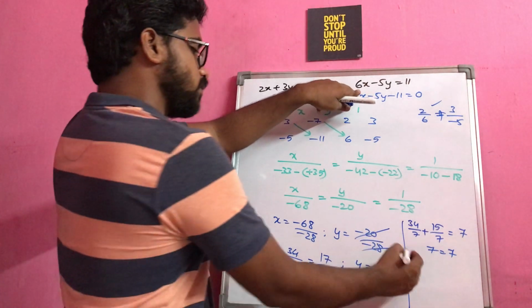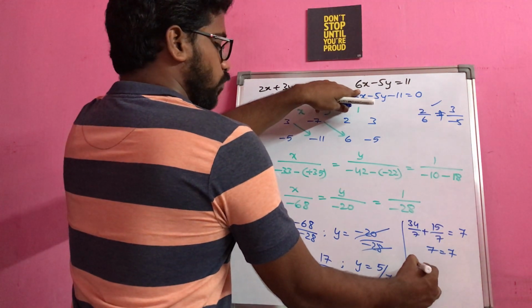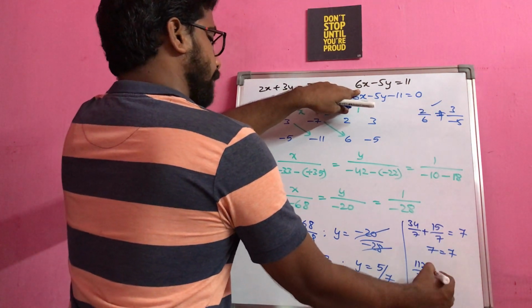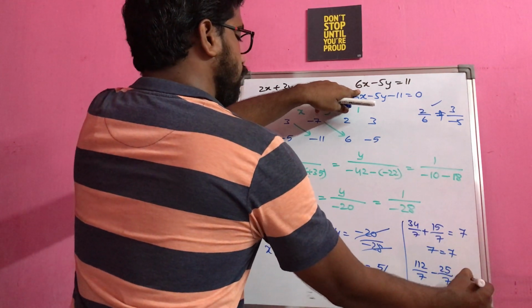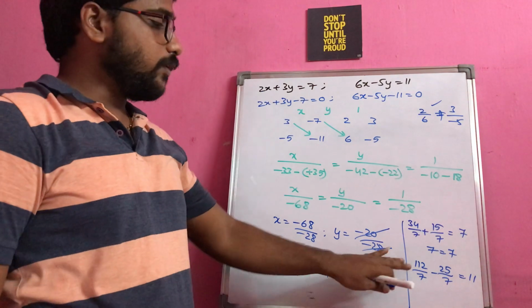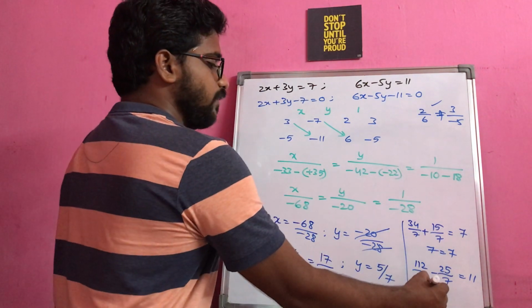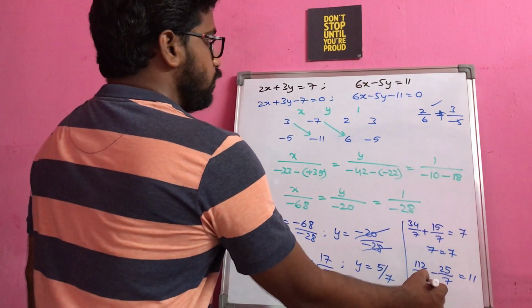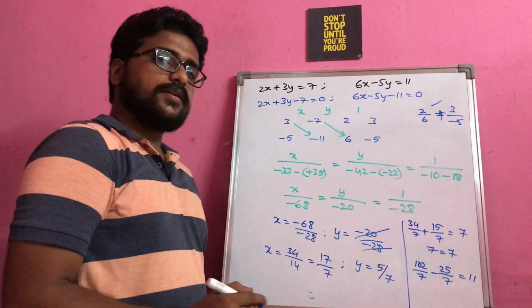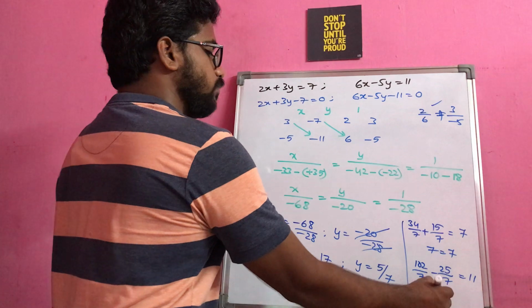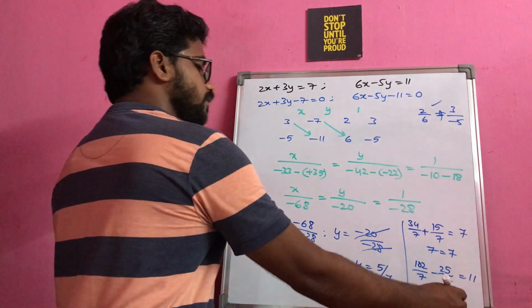Similarly, check in the other condition also, 6 into 17, 102 divided by 7, minus 5 into 5, 25 by 7 is equal to 11. So 102 minus 25 means it is 77, 77 by 7 is again 11. So 11 is equal to 11.